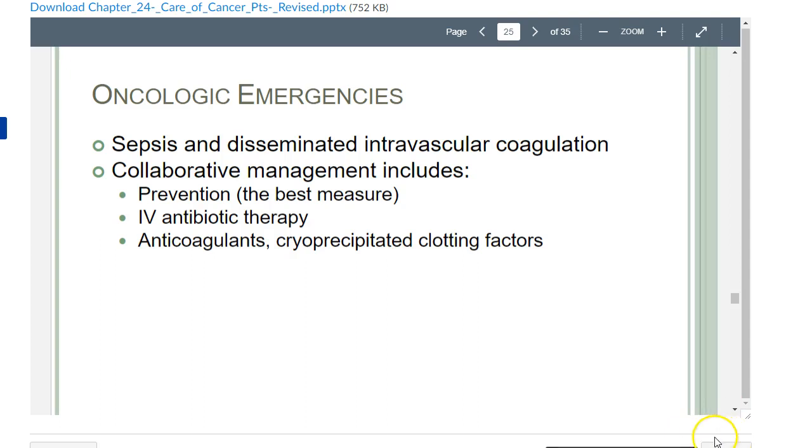I've already talked about DIC. I kind of could have included it here, or as I talked about with clotting problems, okay? DIC, very common in patients who develop sepsis, okay?